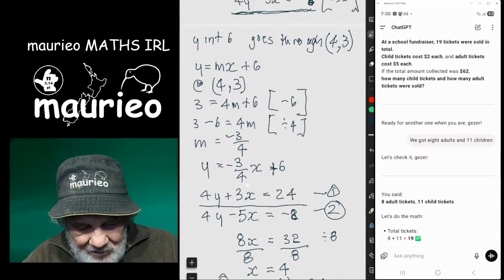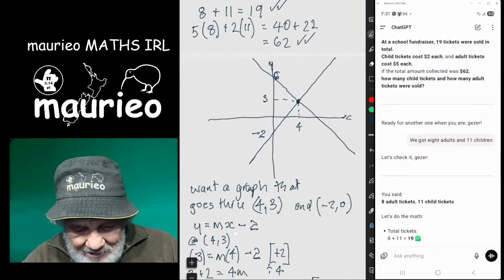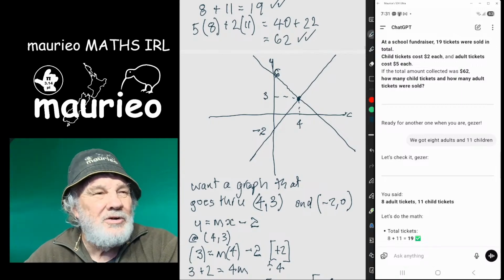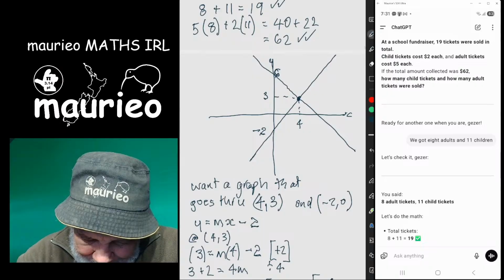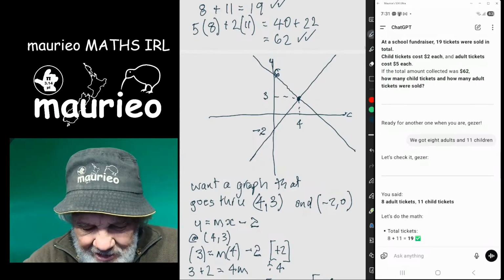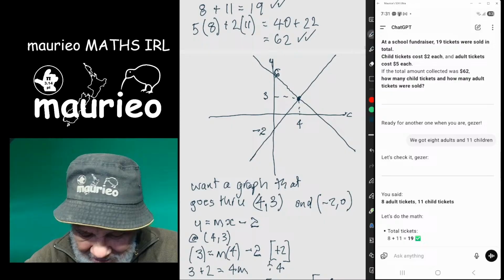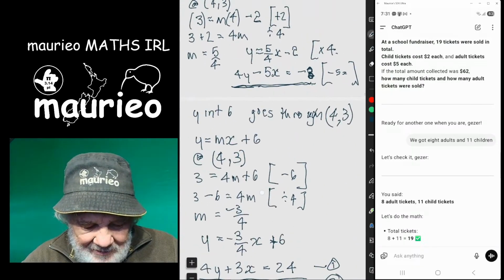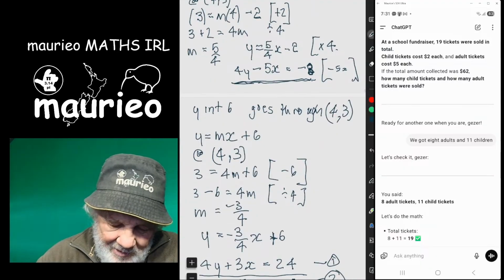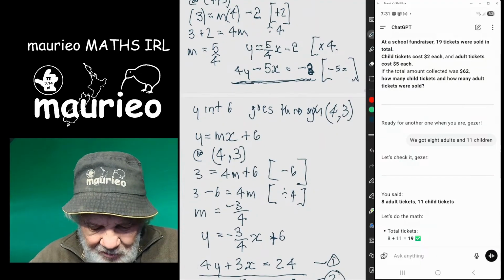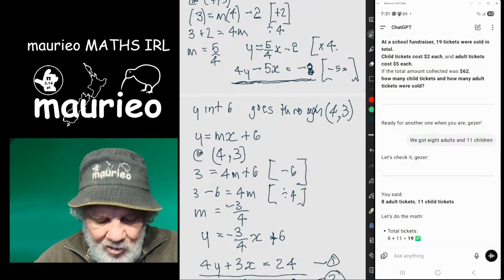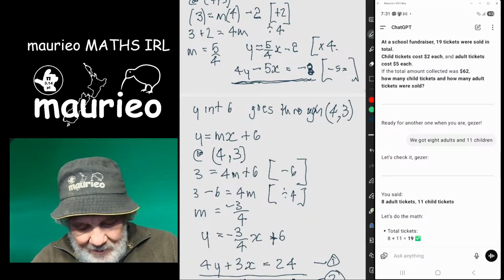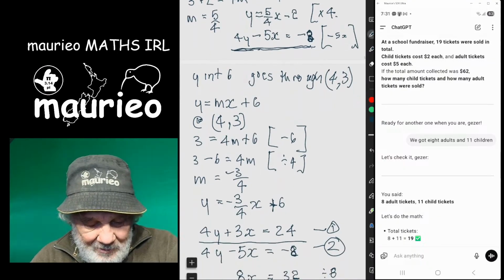So then we went to the next line that I wanted, and that went through the same point, which was the point of intersection, but it intersected at +6. So just repeat the same thing really. y equals mx plus 6 this time. Goes through the point 4, 3. So you can substitute 4 back into the equation. Every time there's an x, you put 4, and every time there's a y, you put 3.